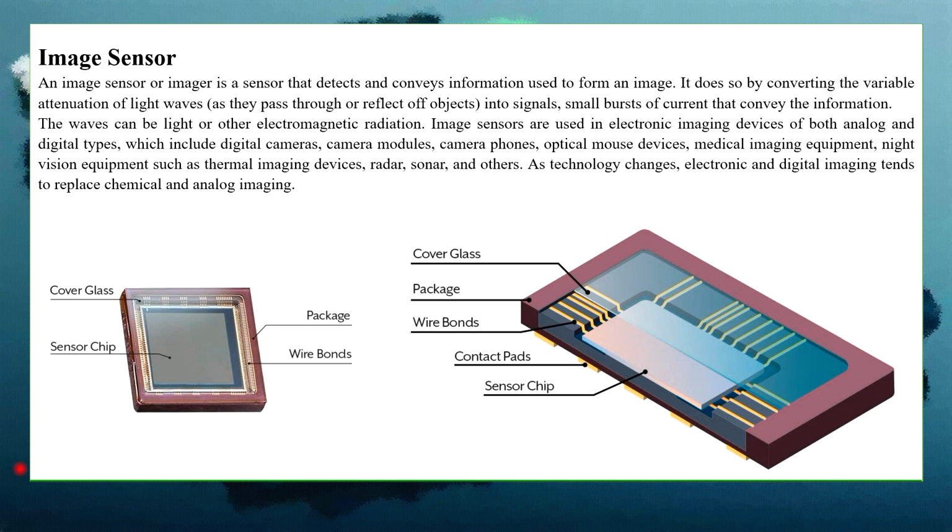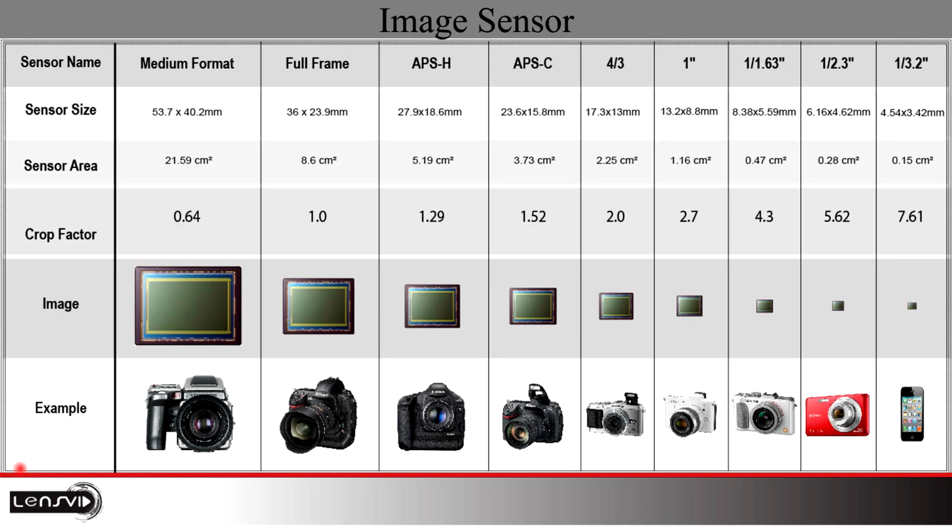As technology changes, electronic and digital imaging tends to replace chemical and analog imaging. Here we see the parts of the camera: cover glass, sensor chip, package, wire bond, and contact pads. There are many types of image sensors for different types of cameras.